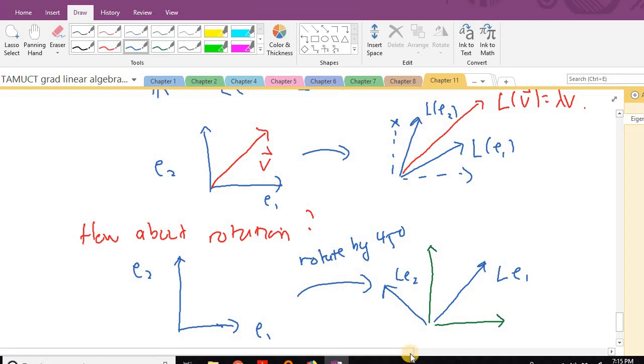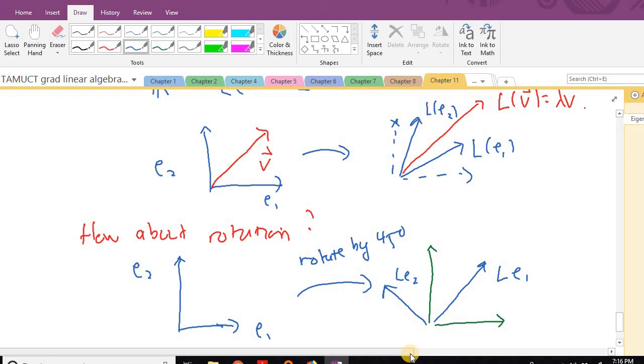Now, if you think about rotating, and let's say this is my origin, if I rotate 45 degrees and everything goes like that, are there any eigenvectors? Are there any vectors that end up in the same direction? If I got a vector here, it's going to rotate 45 degrees. Got a vector here, it's going to rotate 45 degrees.